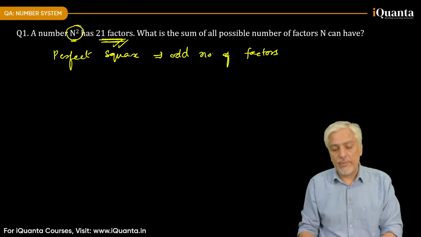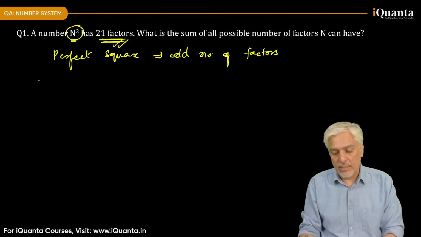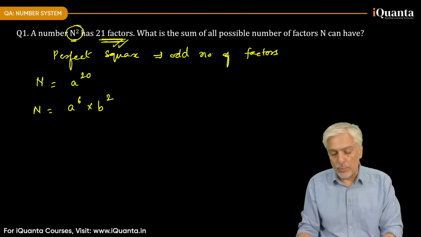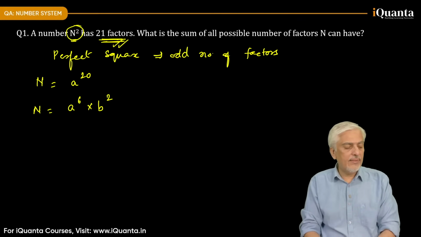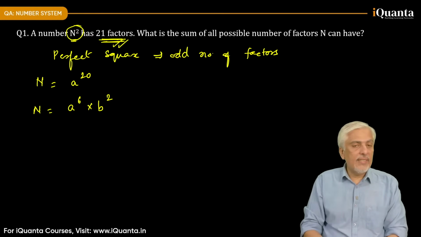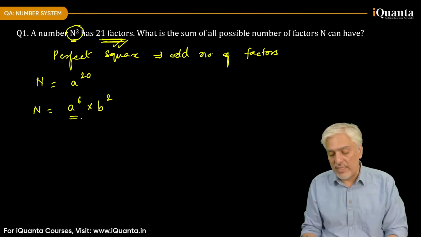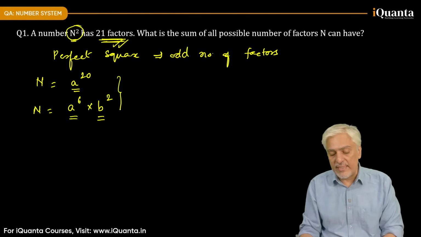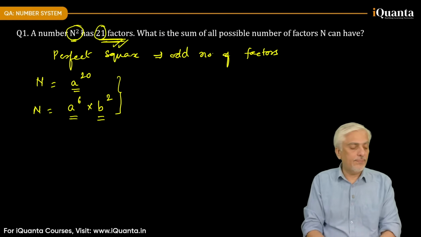Two cases. When n is, say, a raised to 20, or when n is a raised to 6 into b raised to 2. So these are the two cases in which it will have 21 factors.